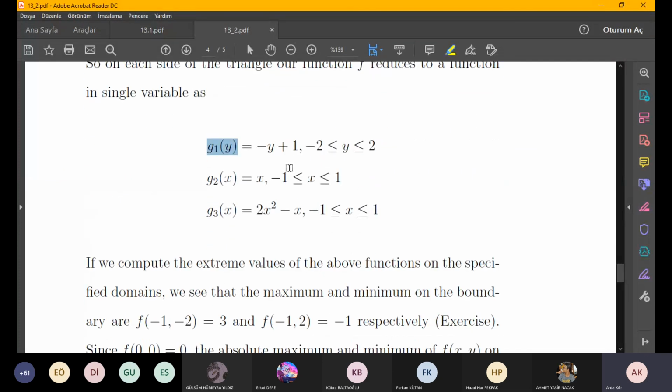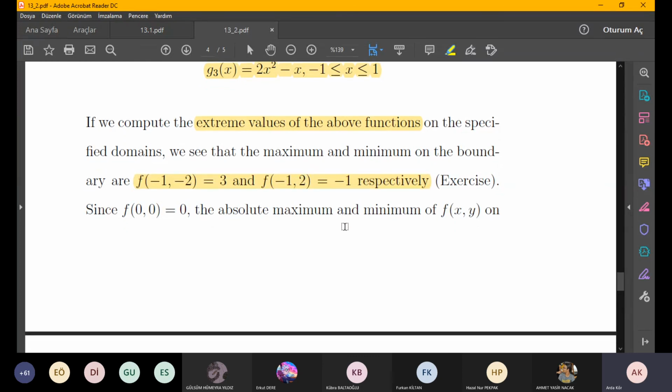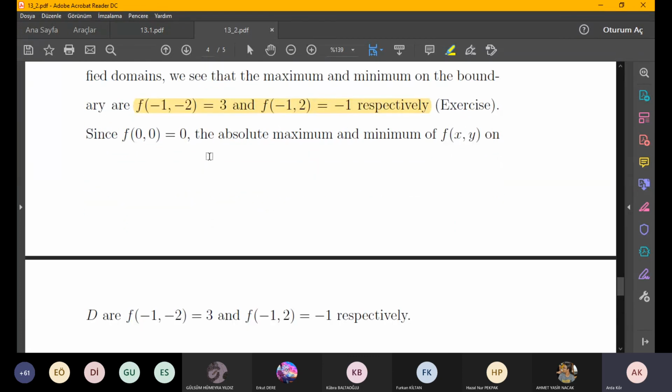We will find the extreme values of g, and after that we will compare the values and conclude by finding the absolute extreme values.